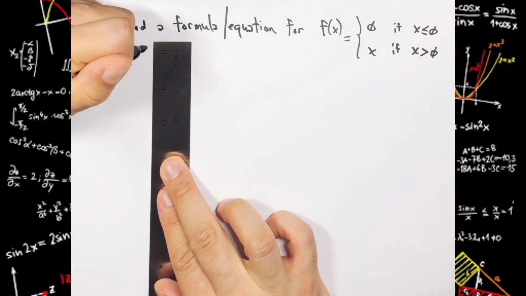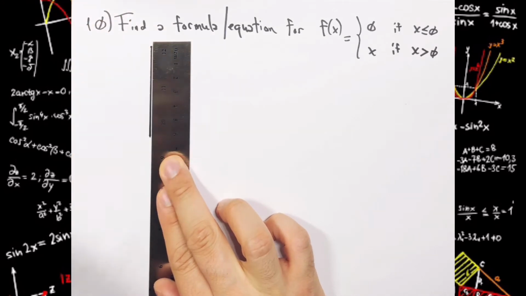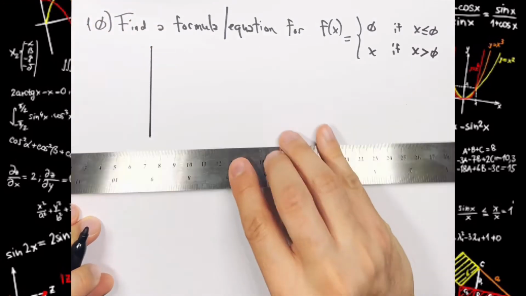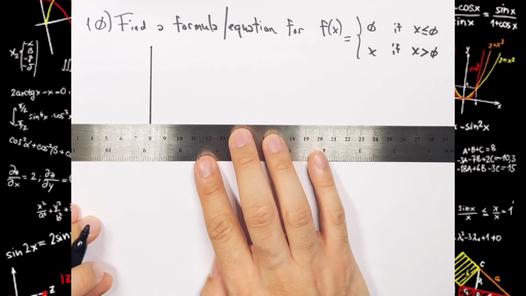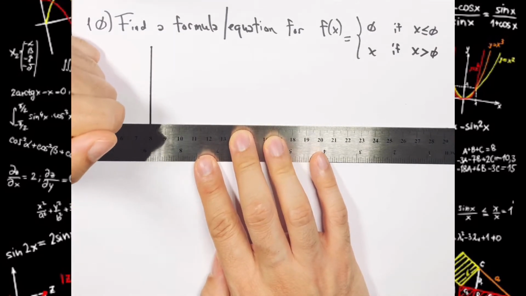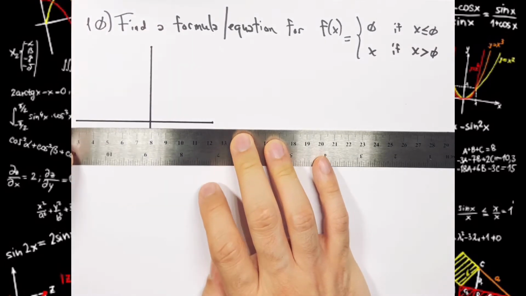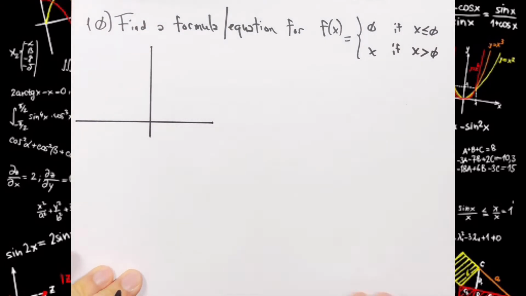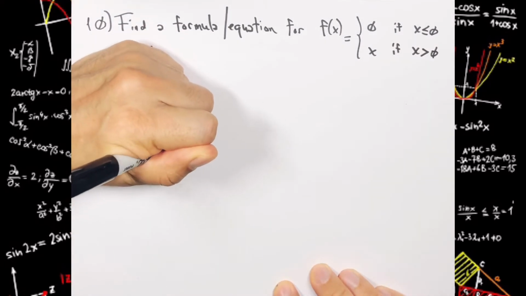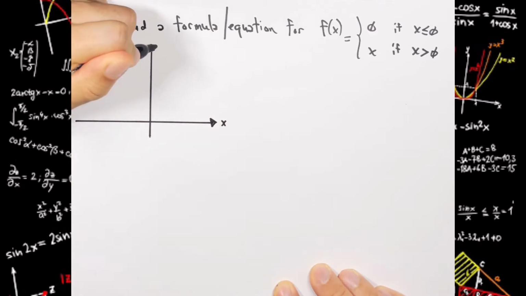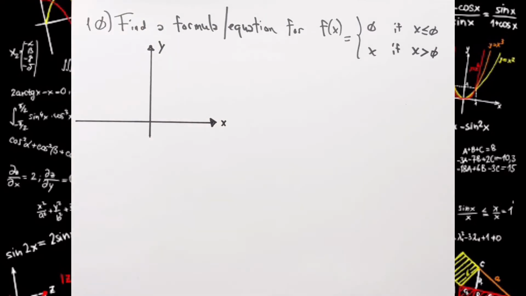So let's draw this in our xy axis just to have a better visual understanding of the problem. So we draw our xy with a little ruler really quick. Here we go. We have x-axis and y-axis. And now we're going to plot the function f of x and the two elements in the bracket of the equation.